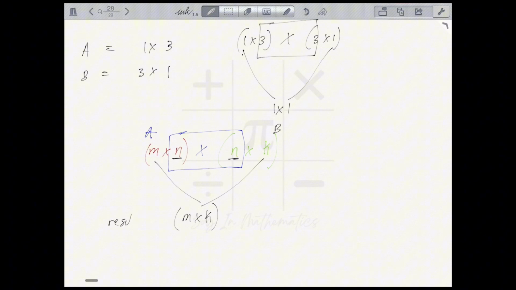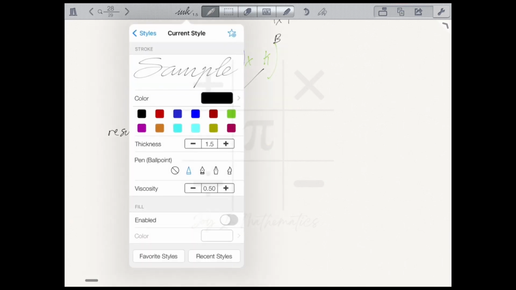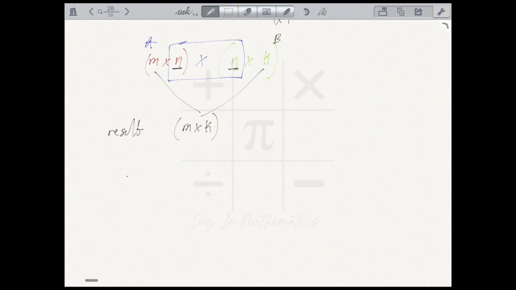So if we have M by N multiplied by N by K, the result will be an M by K matrix.